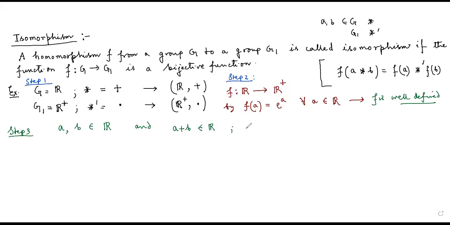Since A, B belong to R, this implies f of A is equal to e to the power A, and f of B is equal to e to the power B.